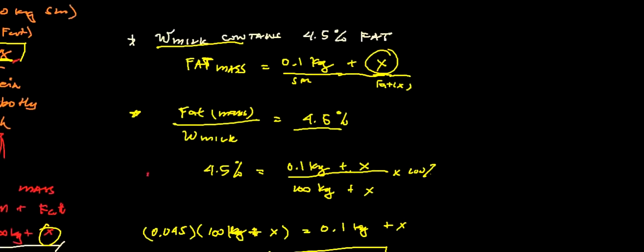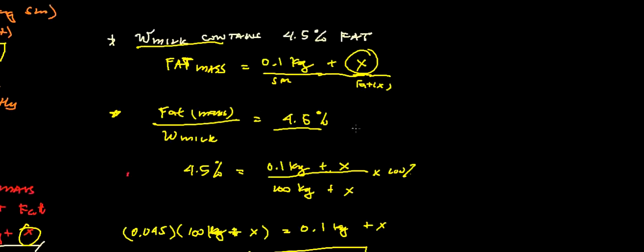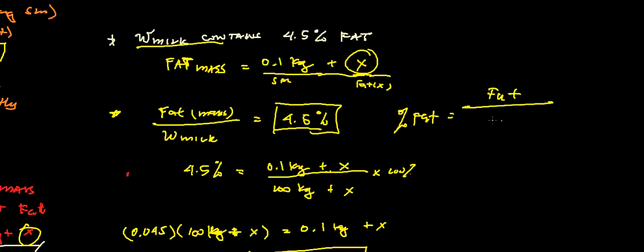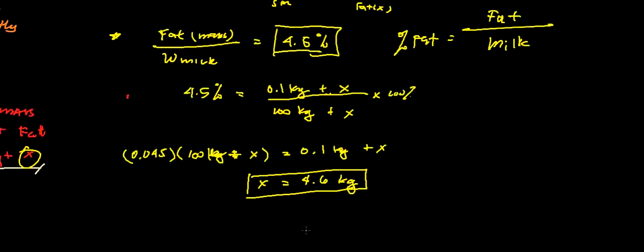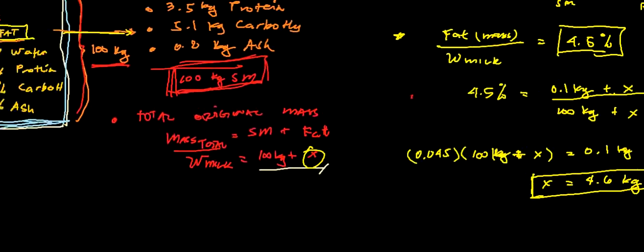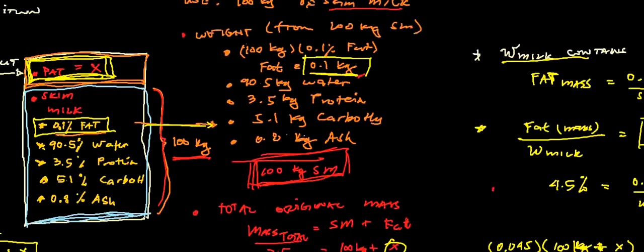So we use this equation: percent fat is equal to the mass of fat from the total mass of milk. After doing that, we came up with the value of x, which is 4.6 kilogram. So we've determined the fat, which is equal to x, 4.6 kilogram.